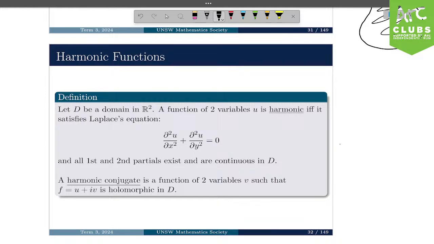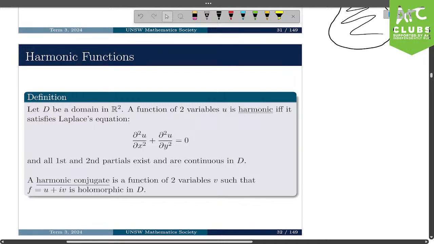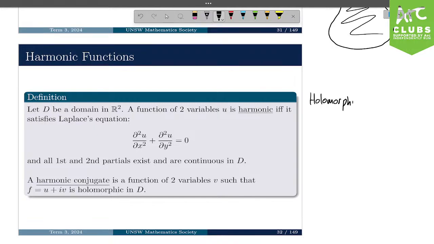Another thing that you need to know is what's called the harmonic conjugate. If we're given some holomorphic function f, but we're not given the whole function, just either its real or its imaginary component, then we can use the Cauchy-Riemann equations to derive the other component, the one that we're missing, up to a constant.